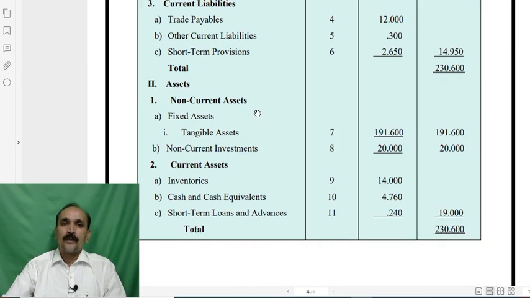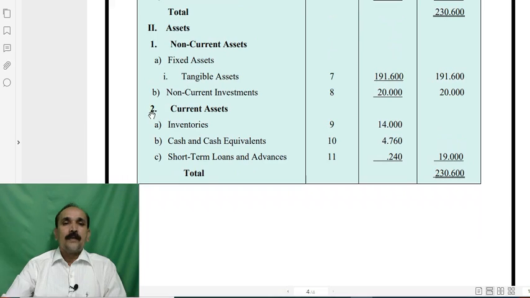Then part two, assets. First, non-current assets. A. Fixed assets, tangible assets, note 7, 1,91,600. B. Non-current investment, note 8, 20,000. Second, current assets. A. Inventories, note 9, 14,000.